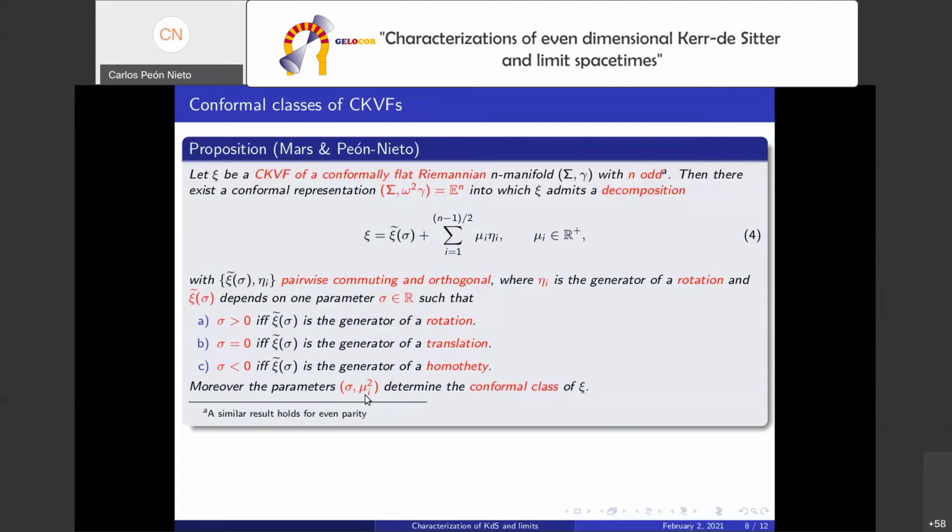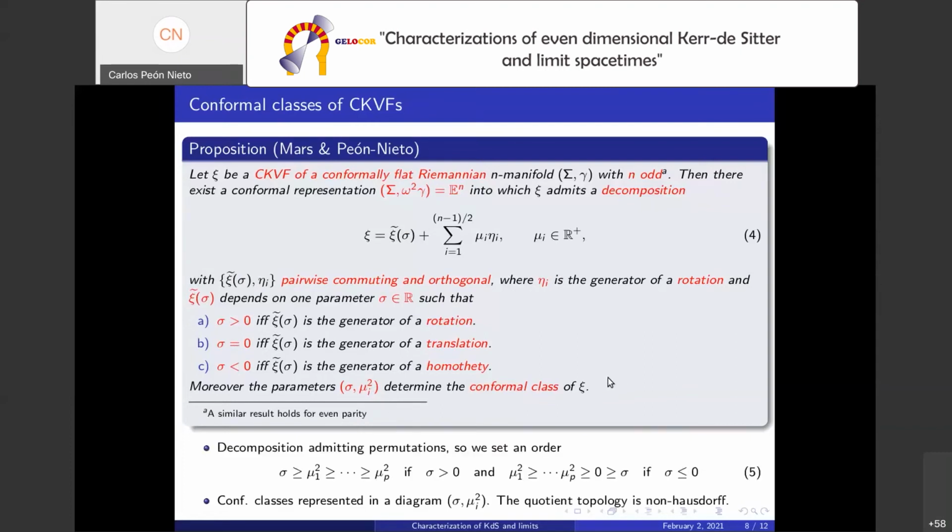With this decomposition, these parameters determine the conformal class of psi. But this relation is not univocal because one can always permute these parameters. So we have set a certain order. These mu parameters are ordered in decreasing order from the biggest to the lowest. And when sigma is positive, it's the biggest of all of them.